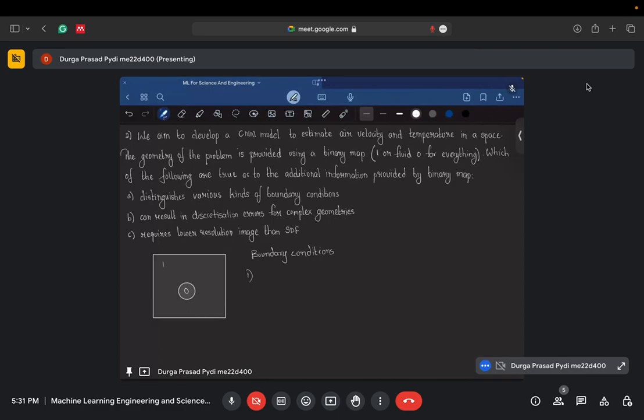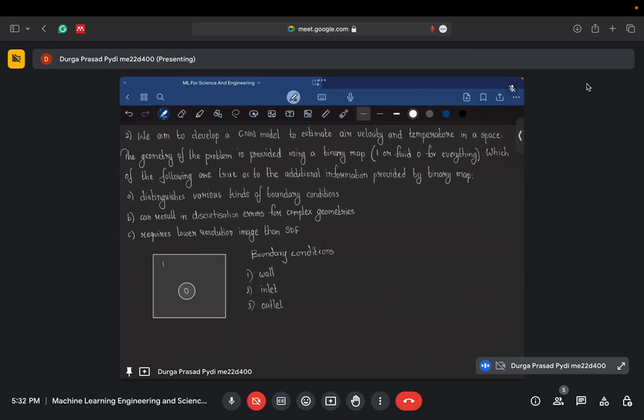One is solid boundaries, which we usually call the wall boundary condition, where you have no slip or something like that. Then you have inlet, where your flow is coming in, or outlet. Depending on your heat transfer, you will again have different kinds of isothermal or other boundary conditions.